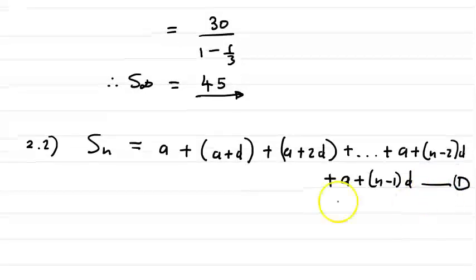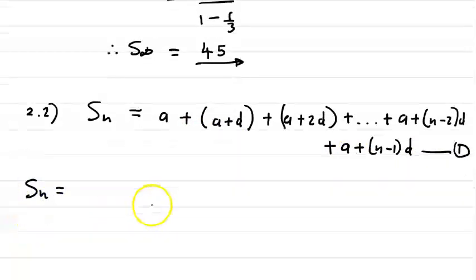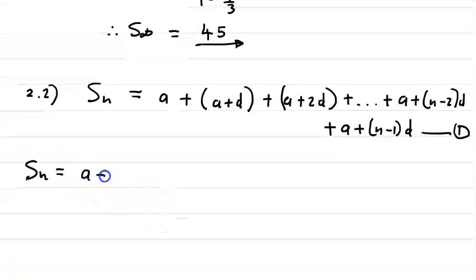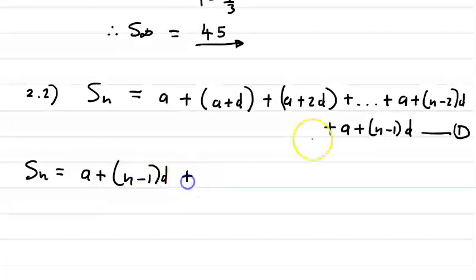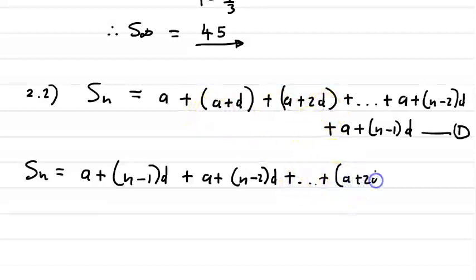Now let's write our sequence in reverse. So writing it in reverse will be Sn equals, let's start with our nth term, a plus n minus 1 times d, plus the second last term will be a plus n minus 2 times d, plus, now let's go back to our third term, which is a plus 2d, plus our second term is a plus d, and plus a, which is our first term, and we'll call that equation 2.